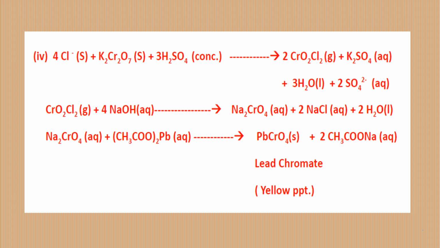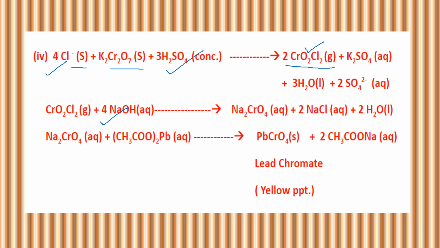And this is the next confirmatory test, the chromyl chloride test. You will take solid salt, an equal quantity of solid potassium dichromate, and add a few drops of sulfuric acid to it carefully. Chromyl chloride gas, which is orangish red in color, will be produced, and then it is to be passed through NaOH solution.